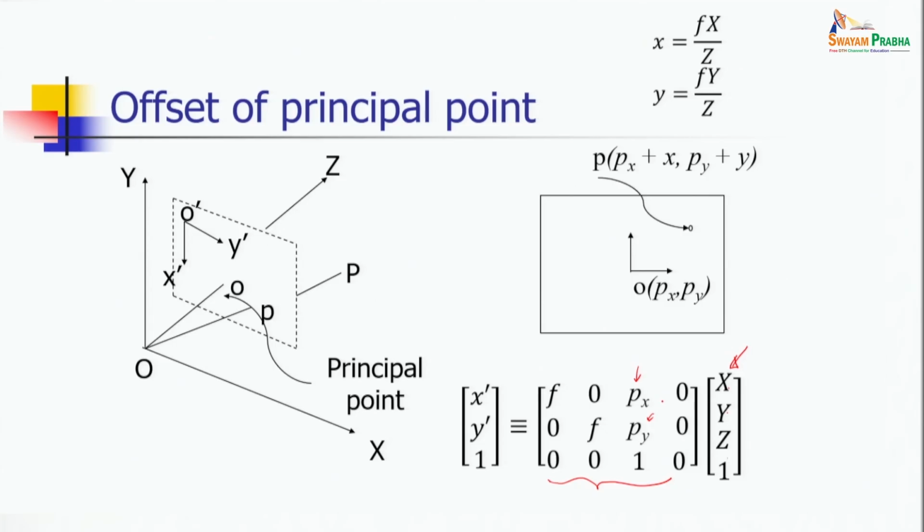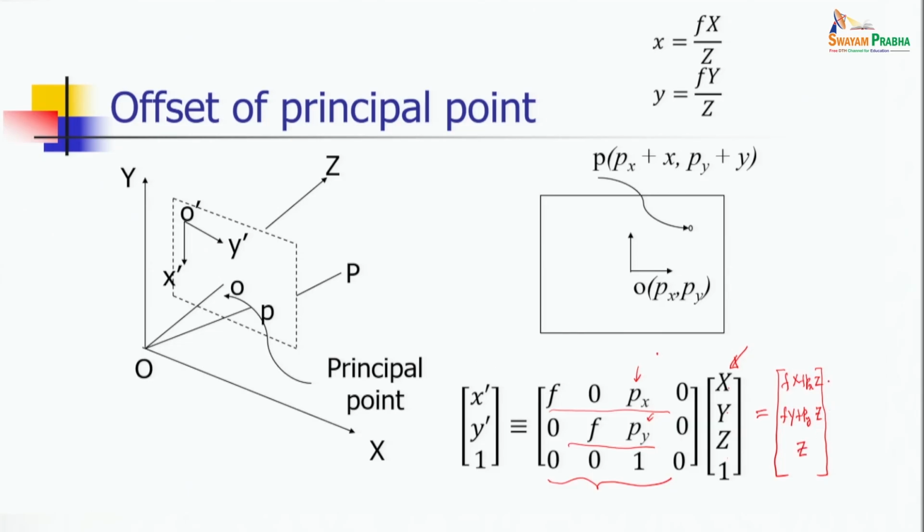Now, if I multiply, how do these coordinates look, what is the transformation? In the x coordinate, the first row and the column, if I multiply them, it would be equal to fx plus px into z. Similarly, for the second row, it will be fy plus py into z, and the last will be simply z.